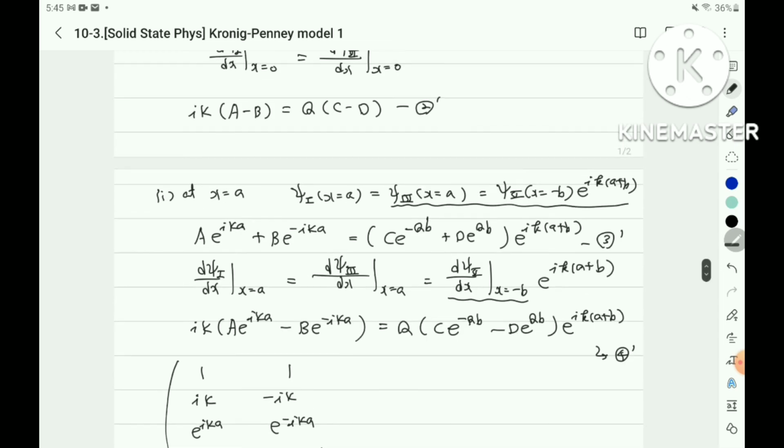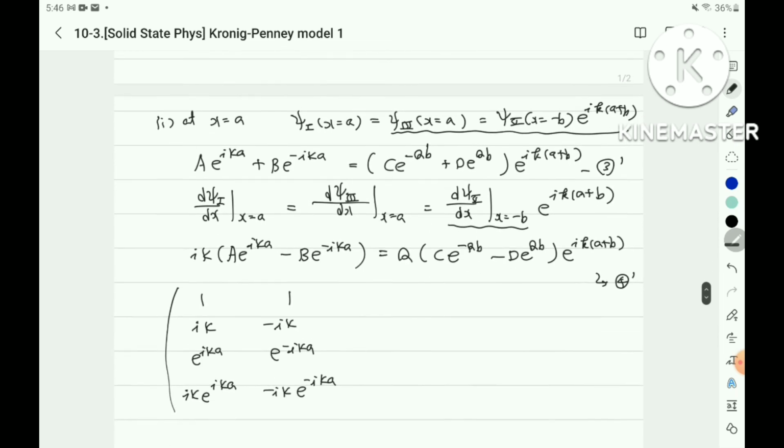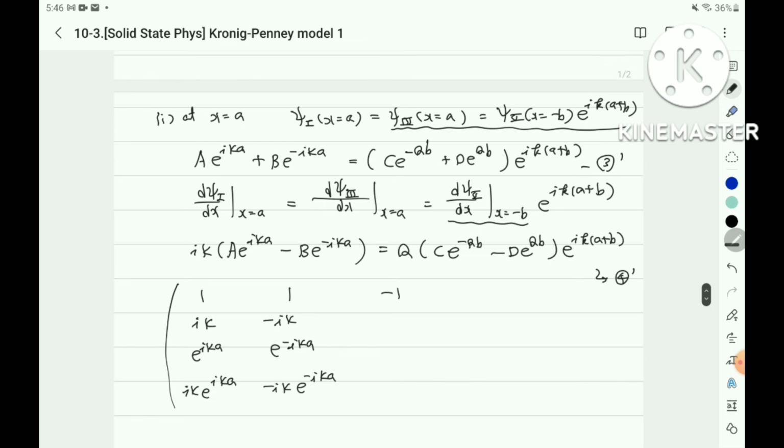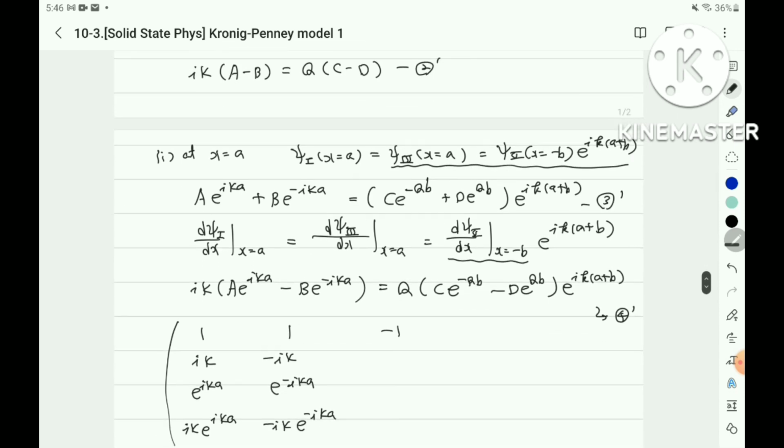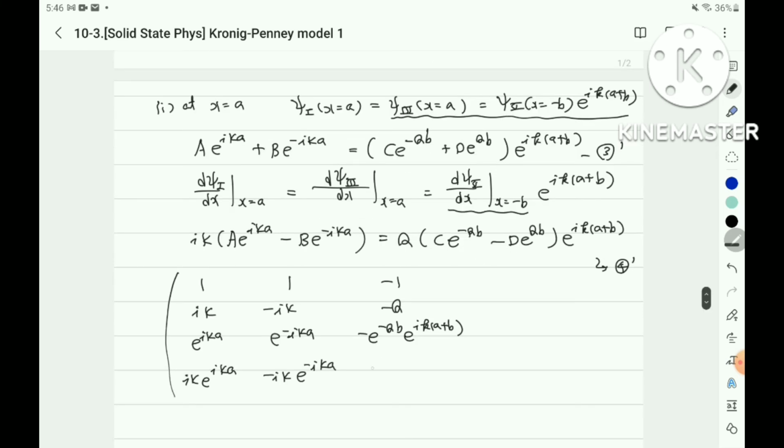For C, the first is minus 1, the second is minus q, the third is minus exponential minus qb exponential ik(a plus b), and the fourth is minus q exponential minus qb exponential ik(a plus b).